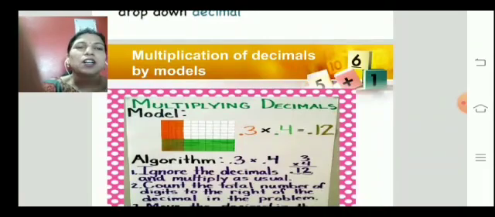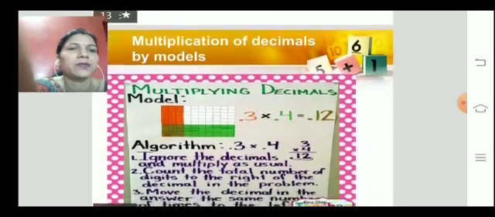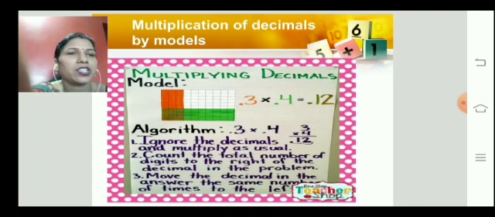Follow up with the multiplication and division of decimal numbers. If we have the numbers 0.3 and 0.4, that is 0.3 multiplied by 0.4. In multiplication we ignore the decimal. If we ignore the decimal, we get the numbers 3 and 4. Multiplied we get 12.